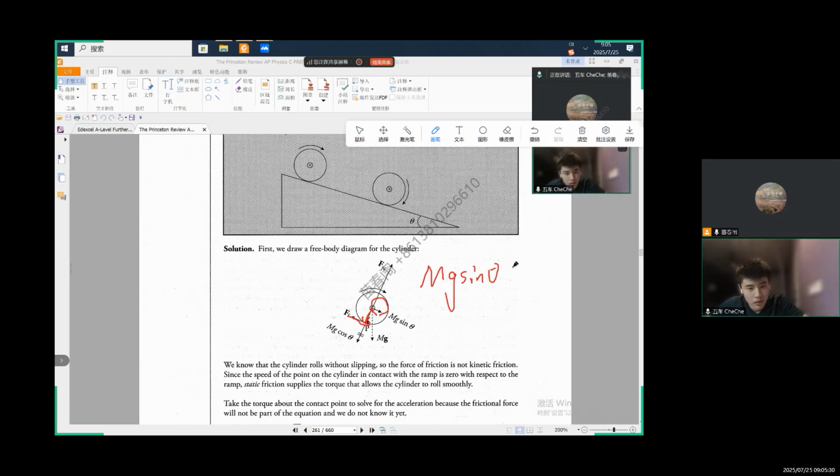So let me erase that. You multiply the pivot distance to the action line of this force, which is r perpendicular, which is r, right? So this is mg sine theta times r.